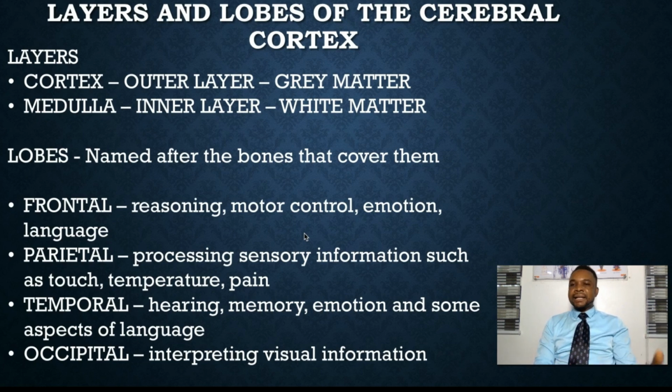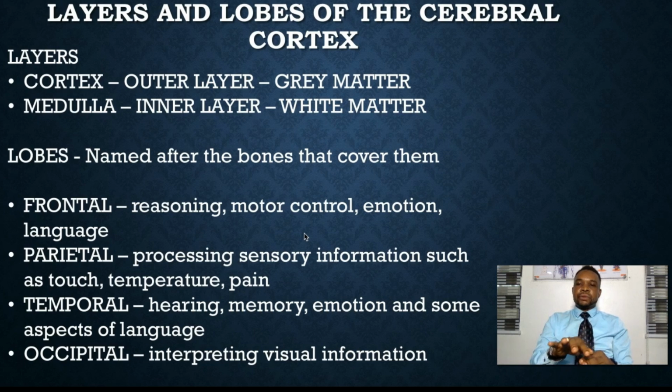The cerebral cortex has several lobes, named after the bones that they cover. So when you see the cranium and the various bones of the cranium, when you remove the cranium from the cranial cavity where you have the brain, you will see the cerebral cortex, and the lobes of the cerebral cortex are named according to the cranial bones.